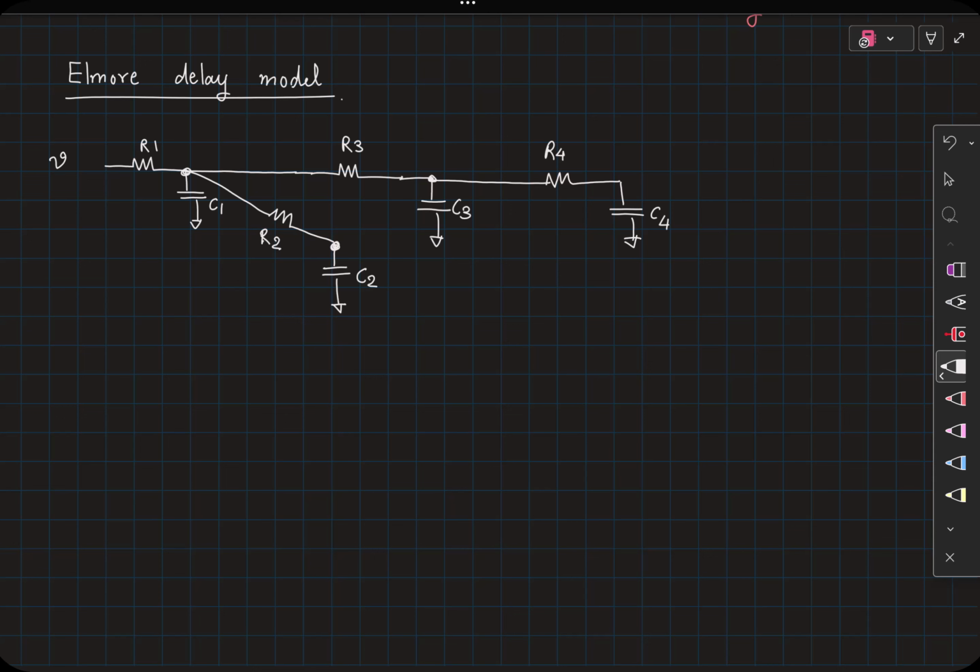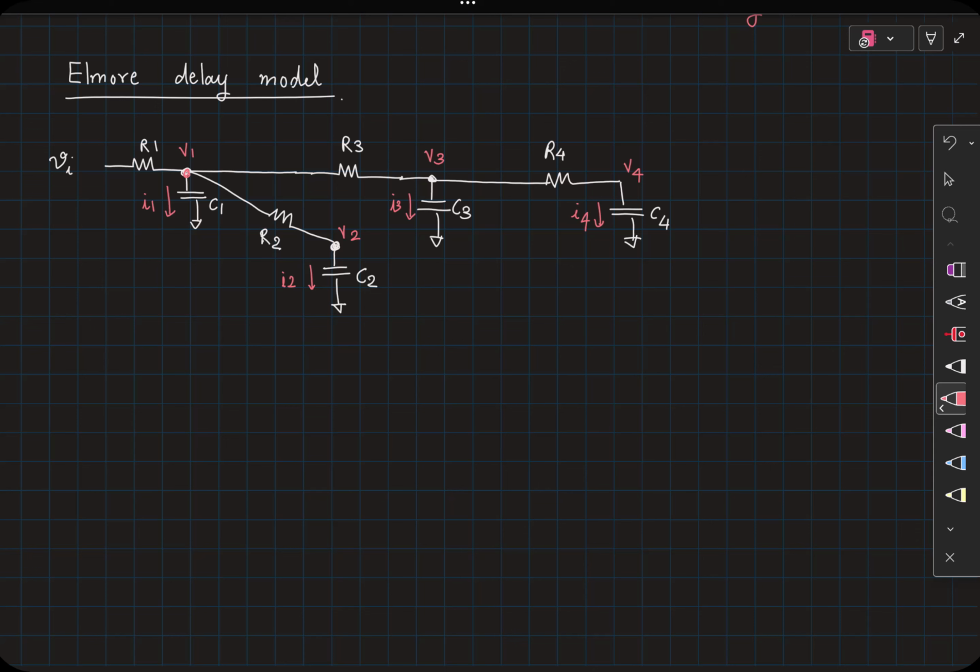Let me call this my input Vi. Now you can see that I have chosen a network with 4 capacitances, C1, C2, C3, C4. The voltage associated with each capacitance, I will represent as V1, V2, V3 and V4. So if you have a capacitor Ck, the voltage associated with that capacitance is simply Vk. Similarly, the current through C1 I'll call I1, current through C2 is I2, this is I3, I4, etc.